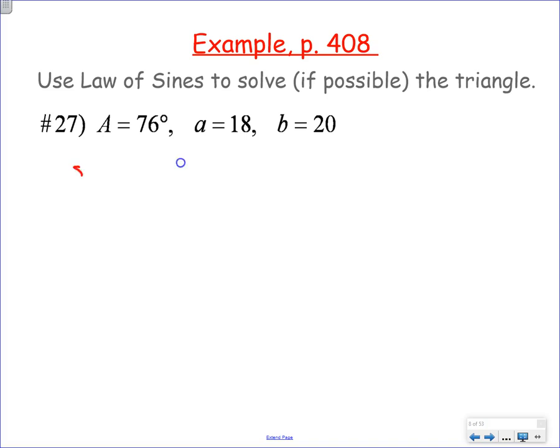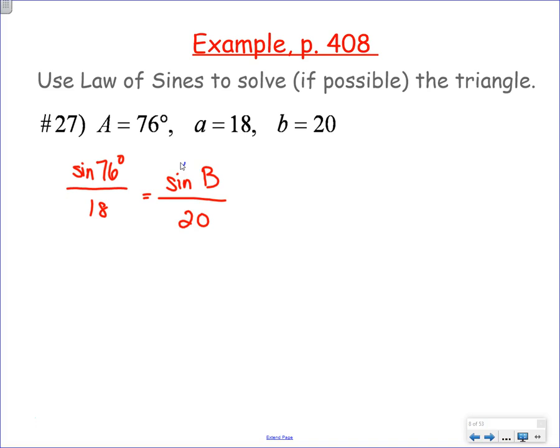There's two different possibilities. Is this ambiguous, please? Yes or no? You've got to plug in the law of sines, but when you plug in, you're missing an angle, which means it's ambiguous. So that's okay.